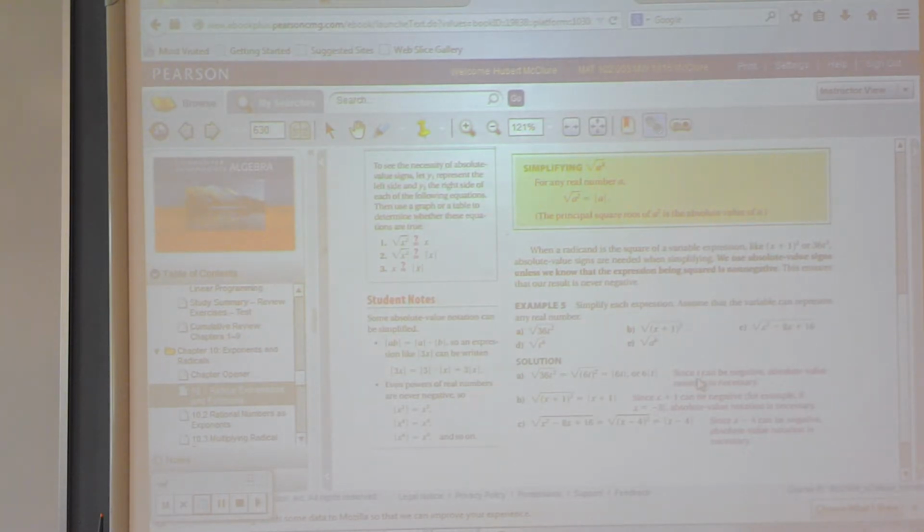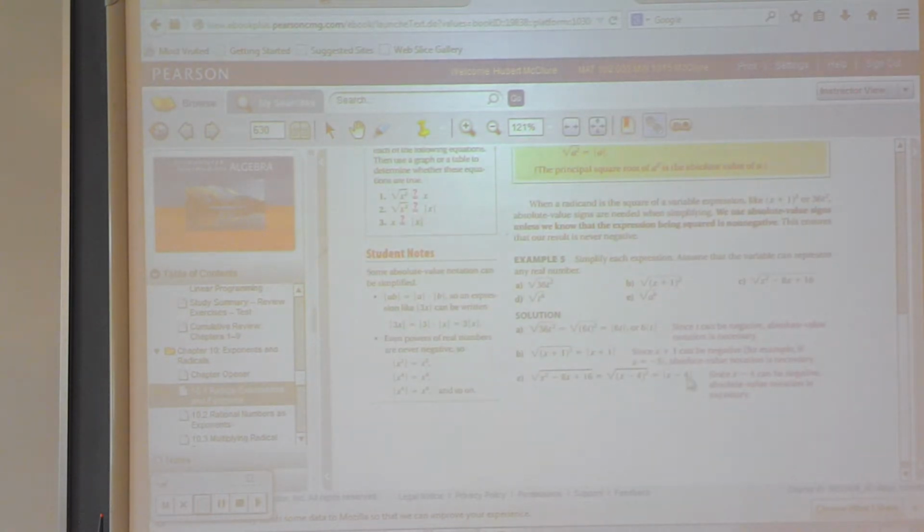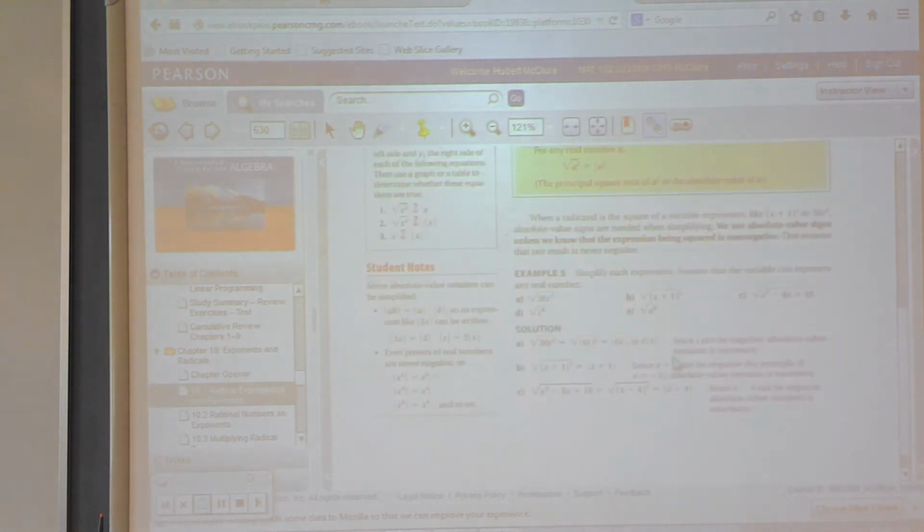Okay? That's not really that big of a deal. Just remember, if you get an x to the first power, you have to put absolutes on it. So the square root of x plus 1 quantity squared is absolute value of x plus 1.